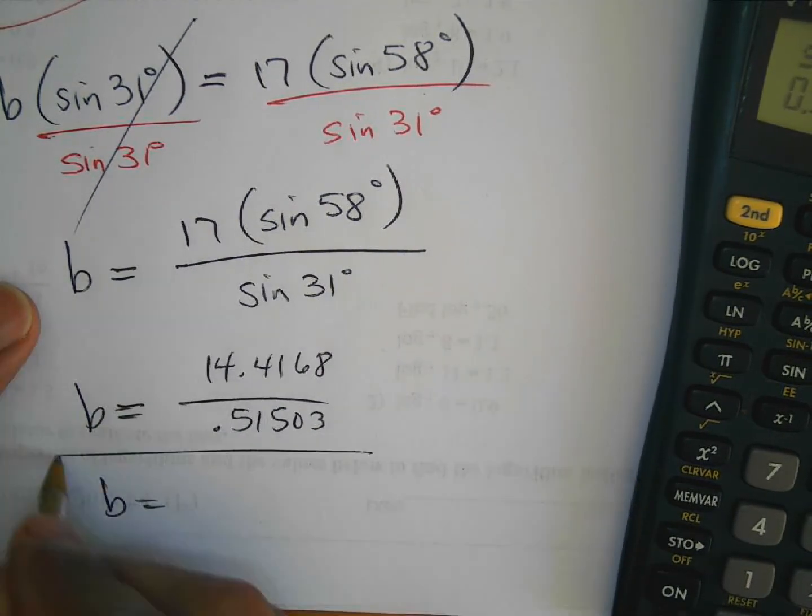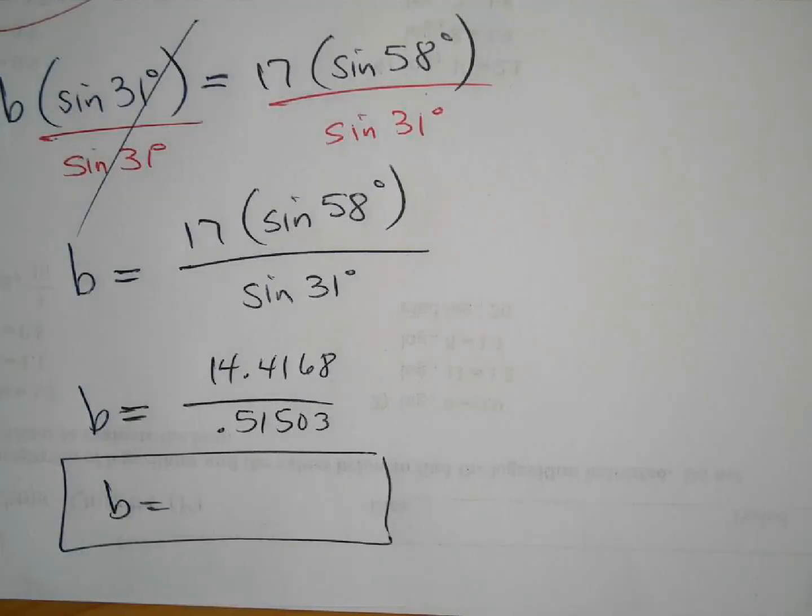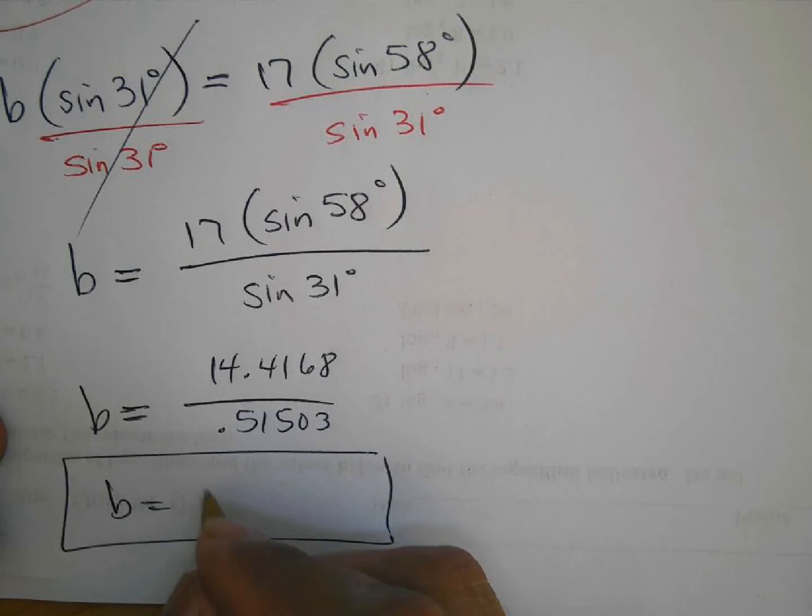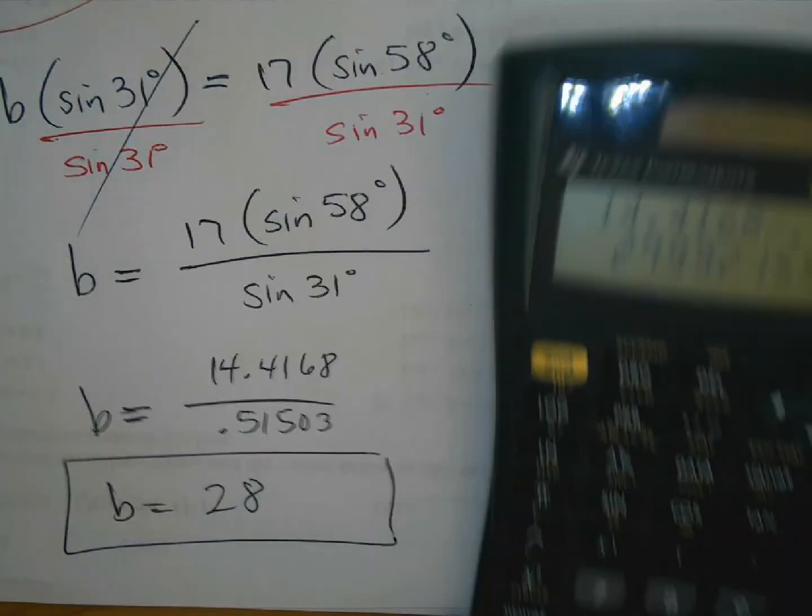Okay, so your answer for B is, let's see, 14.4168 divided by 0.51503 equals, I got 27.99. I got 27.99, but I'm going to round it up to 28.